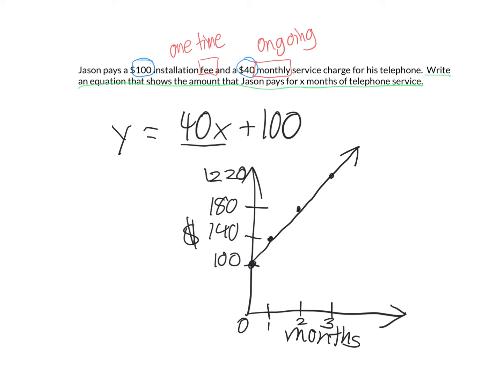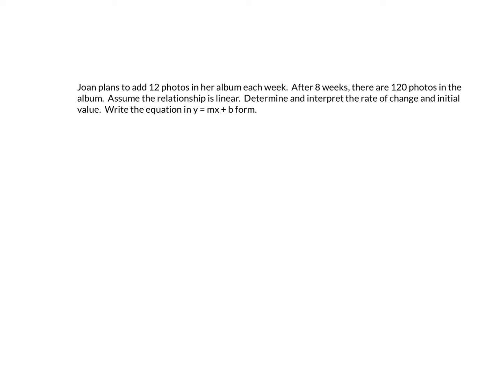There's lots of different applications for this. So basically what we're doing is we're going into the problem, we're finding our one-time fee, we're finding what the ongoing charge is, or we're adding this per month, subtracting this per month, etc. And then now, instead of just leaving it as an expression, we're setting it equal to y.